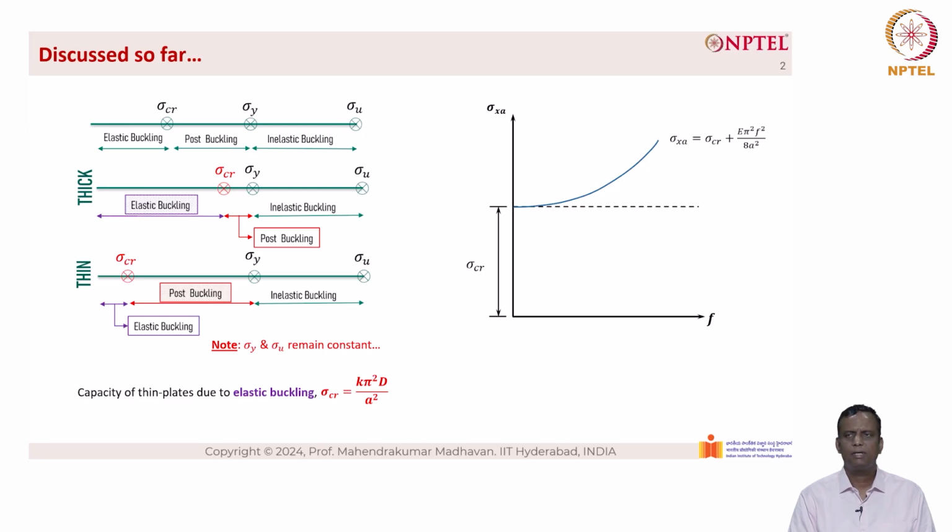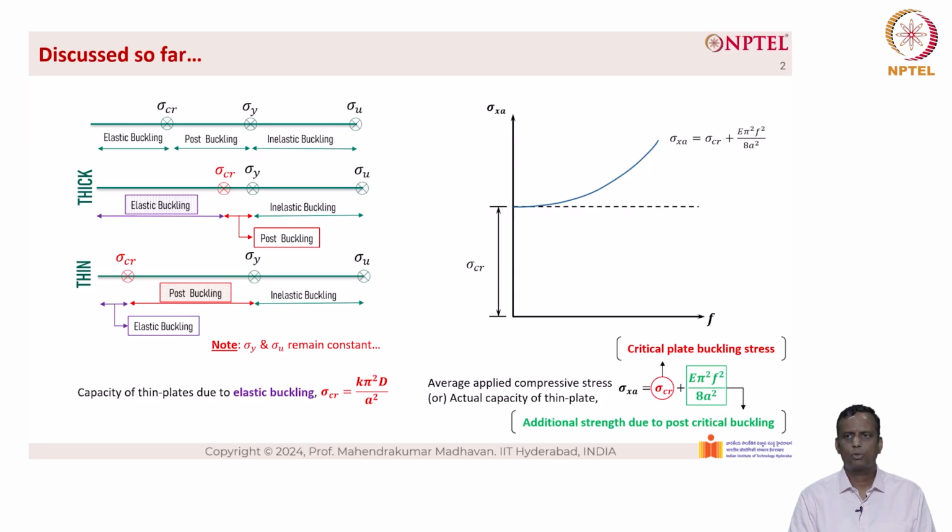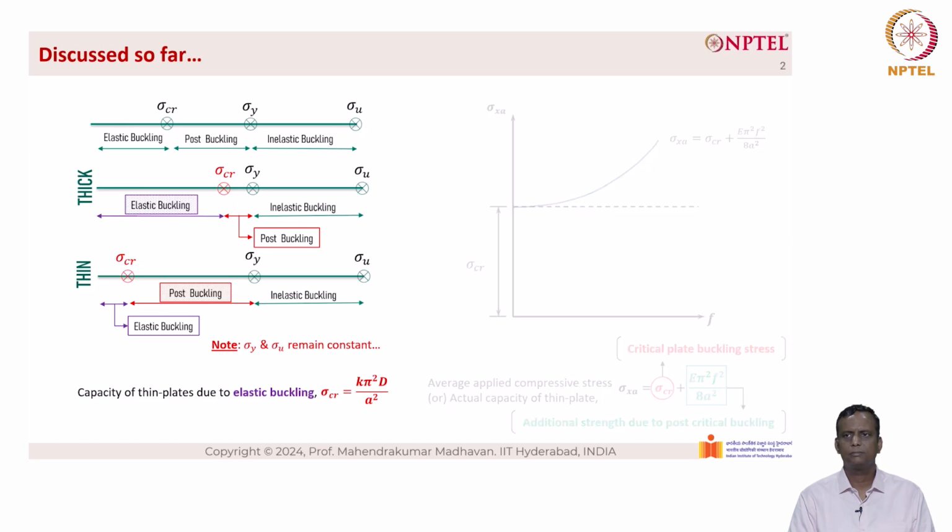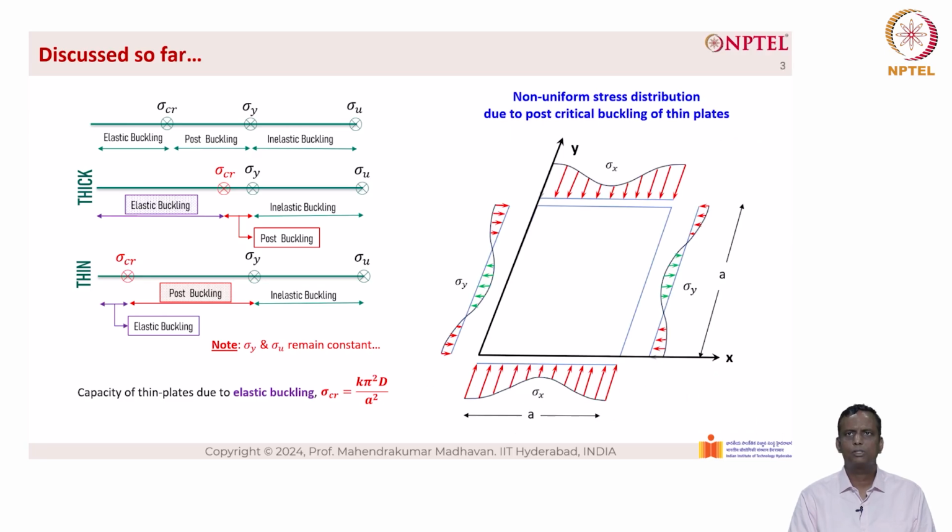This is given as sigma xa equal to sigma critical plus E into pi square F square by 8a square. So, the average applied compressive stress or actual capacity of the thin plate, sigma xa, is a combination of sigma critical plus E pi square F square by 8a square, where sigma critical is basically the critical buckling stress of the plate and E pi square F square by 8a square is the additional strength that we get due to post critical buckling.